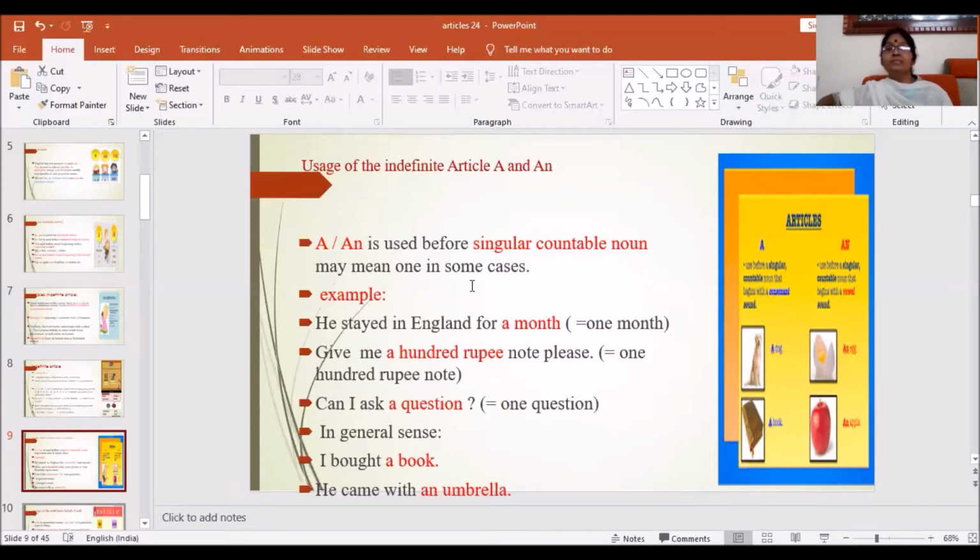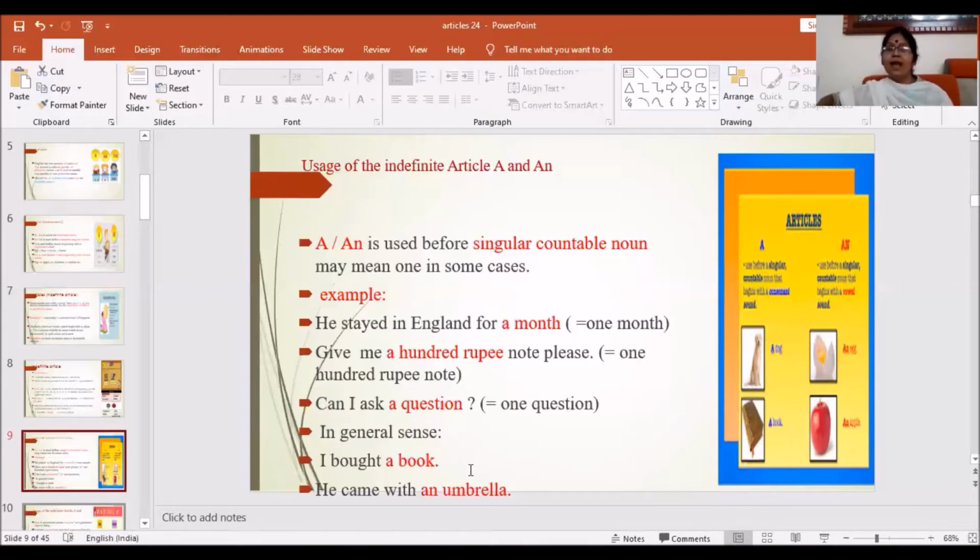Where it means one in some cases. For example, he stayed in England for a month. That is one. Give me a 100 rupee note, please. Can I ask a question? One question, right?